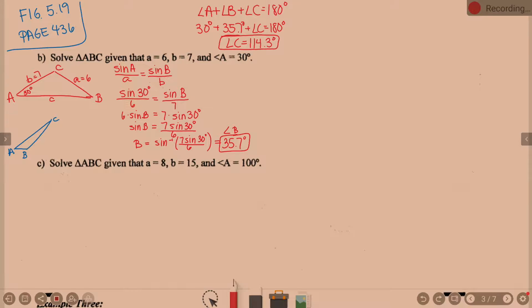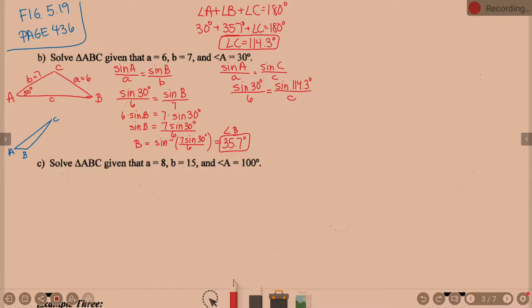So I'm going to go with sine A over A and sine C over C. So sine of 30 degrees over 6 is equal to sine of 114.3 over C.